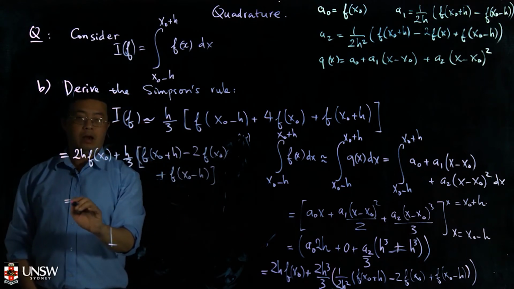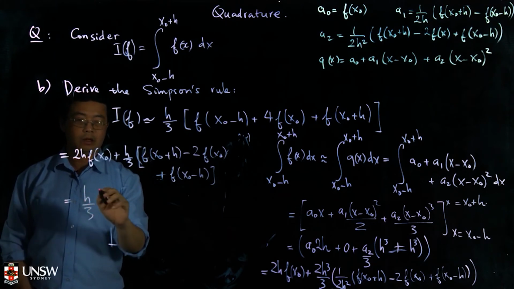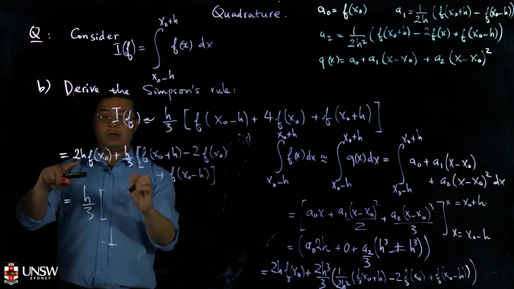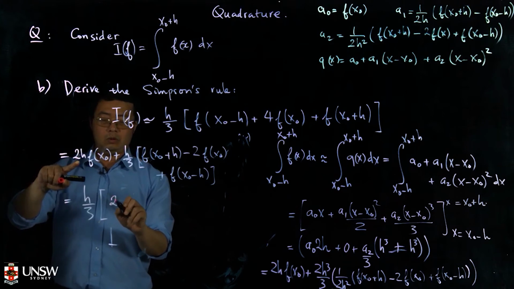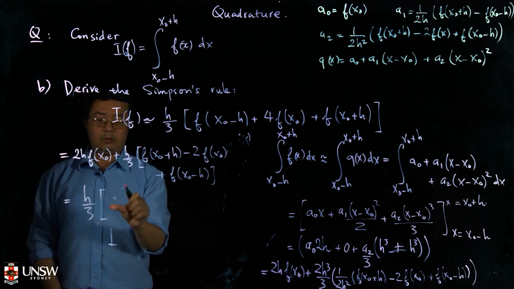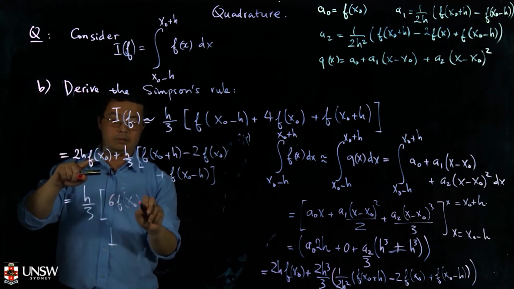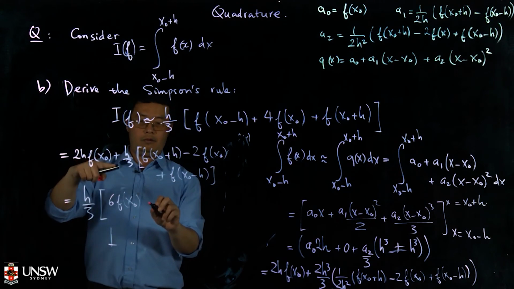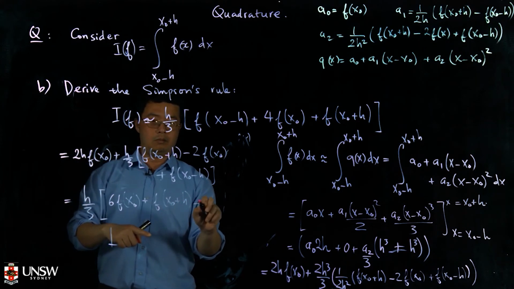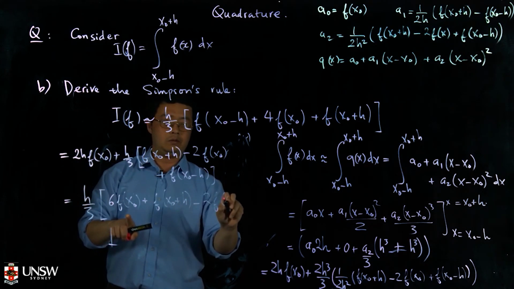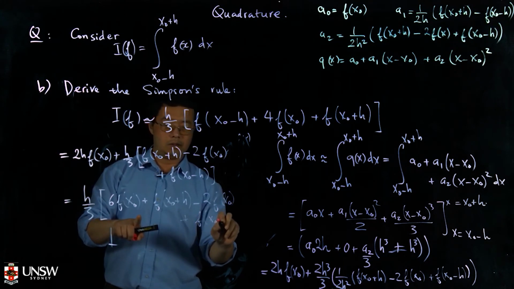Okay. And now if I take h over 3 to be the common factor, then this one gives me 3 over 2, yeah. So it will be 6 f(x0) for this term, and then I have f at x0 plus h minus 2 f(x0) plus f(x0 minus h).